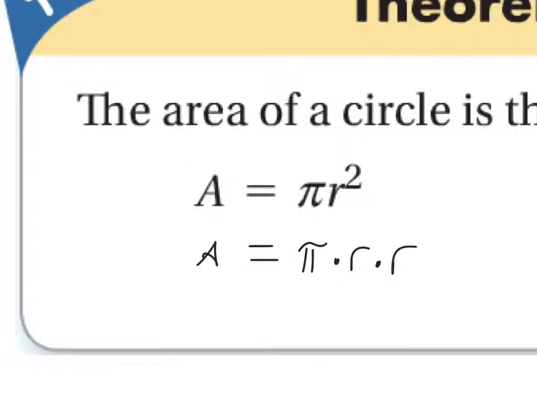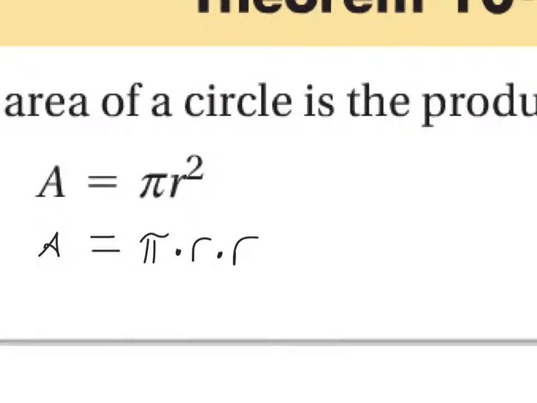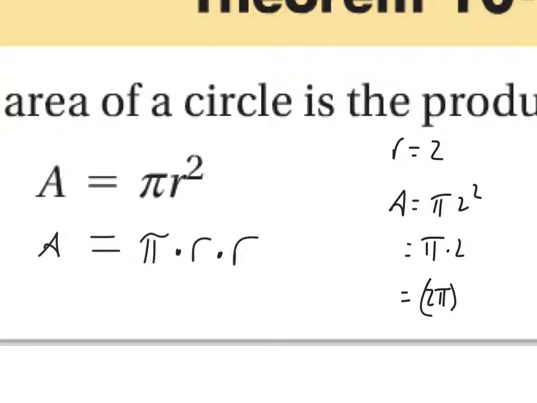And the reason I say that is because I occasionally have students who, for example, if I say that the radius is 2, want to say, all right, well, that means that my area is going to be pi times 2 squared, so I'm going to grab my calculator and take pi times 2 and get an answer, and then I'm going to take that answer times another 2. Or I'm going to take that answer and square it.